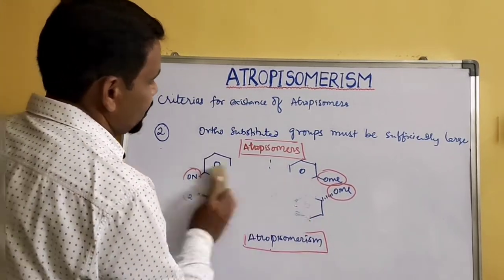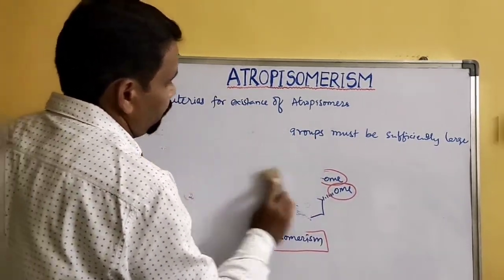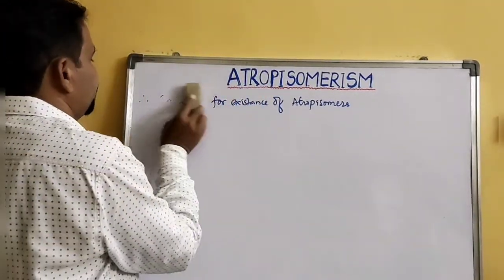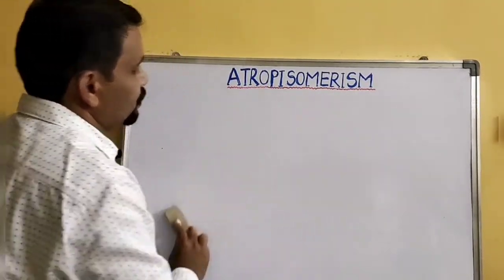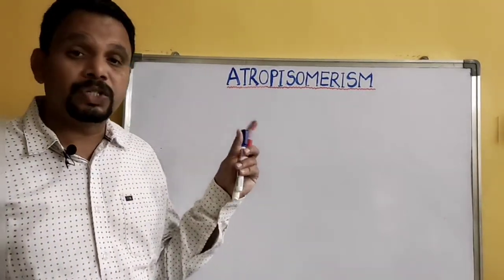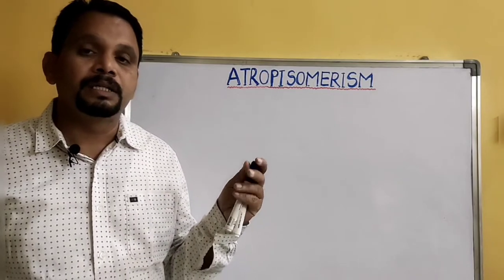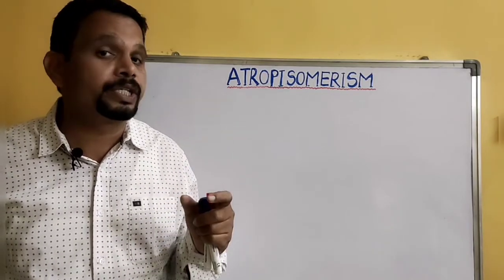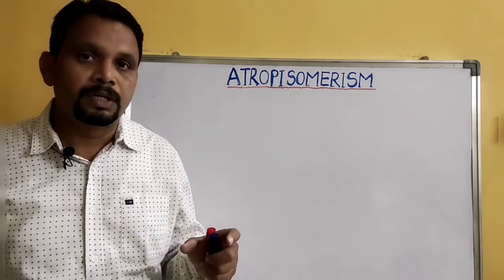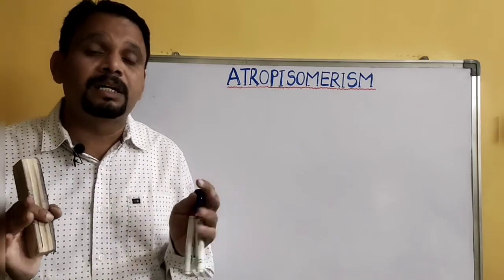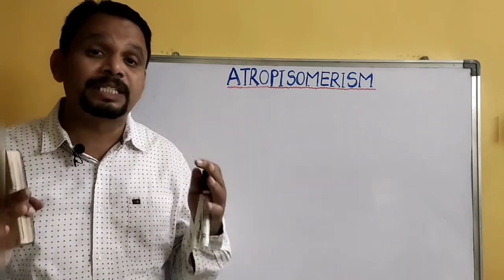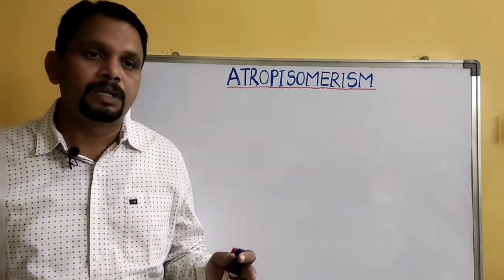So the first criteria is that neither ring should have a vertical plane of symmetry, and the second criteria to exhibit heteroisomerism is that ortho substituted groups must be sufficiently large, therefore they restrict the rotation about the pivotal bond and they exist as heteroisomers.